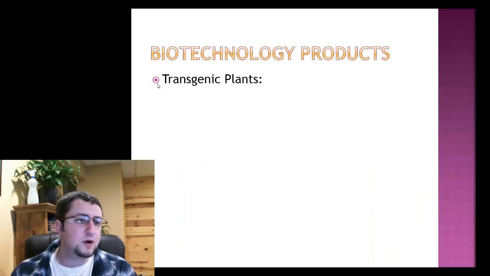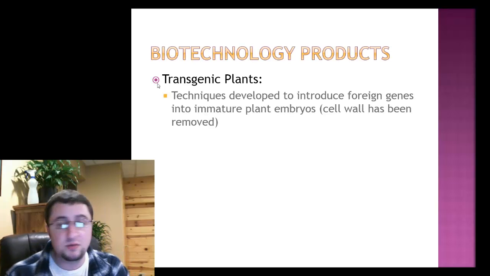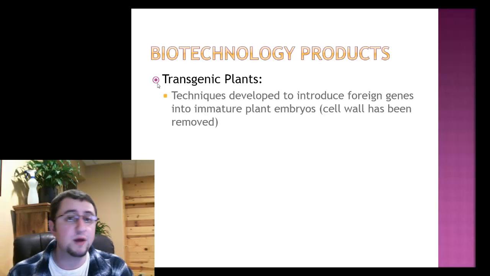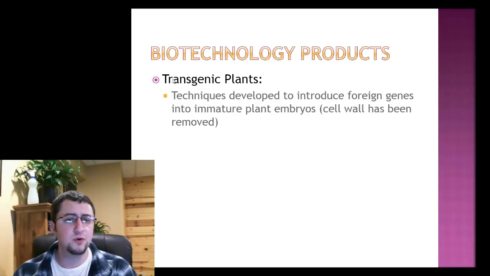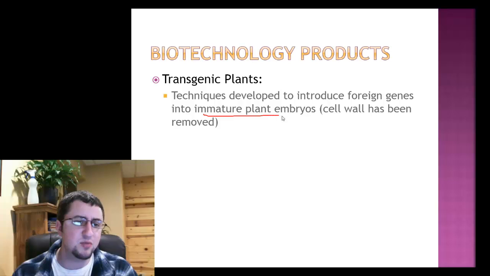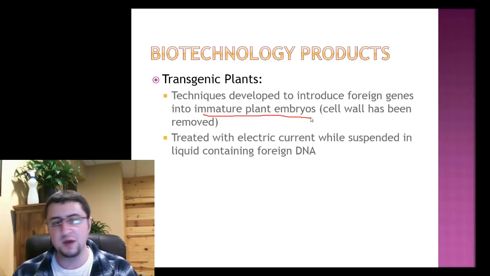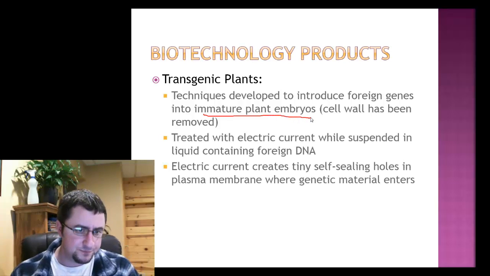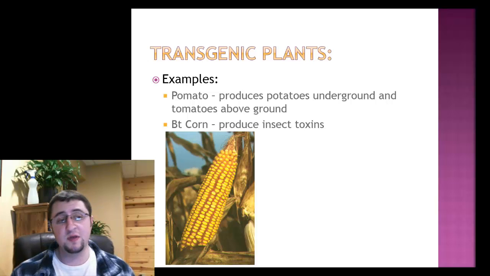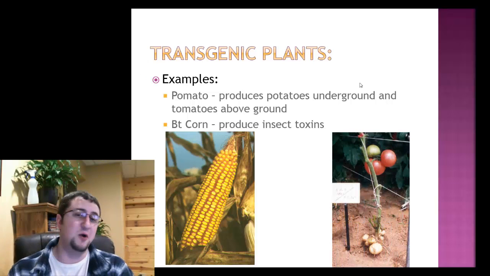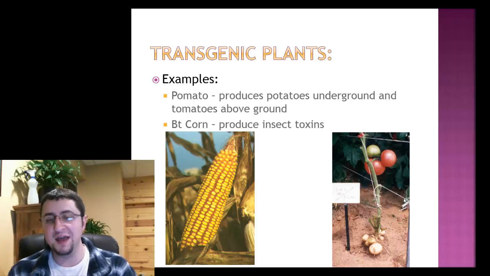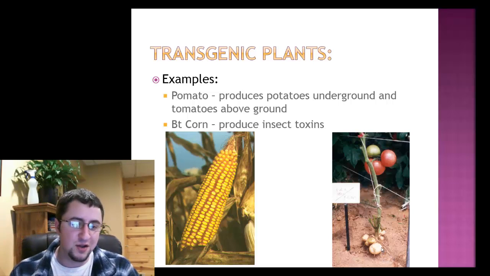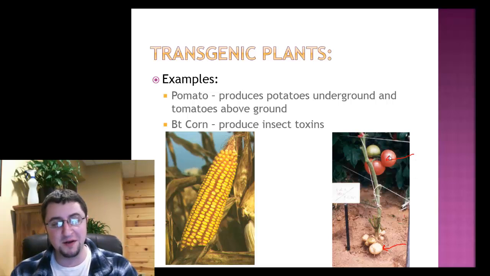We also use GMOs for plants. You probably heard about that commonly in the grocery store, where we actually take little genes and implant them into immature plant embryos. A couple good examples of that are this thing called a pomato, which it's kind of funny to say, but if you take a look here, those things down there are actually potatoes growing in the ground, and up here we actually have tomatoes growing on the top.